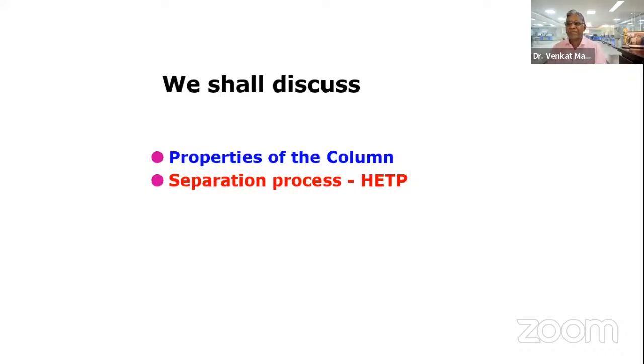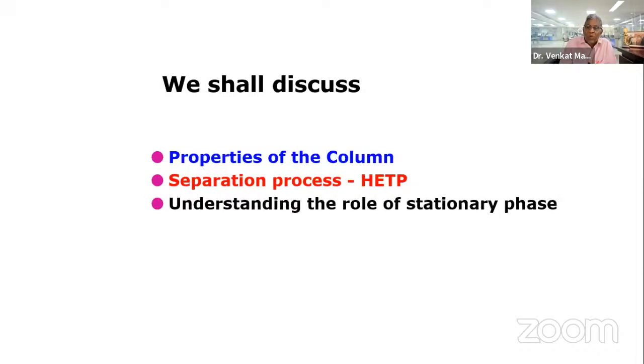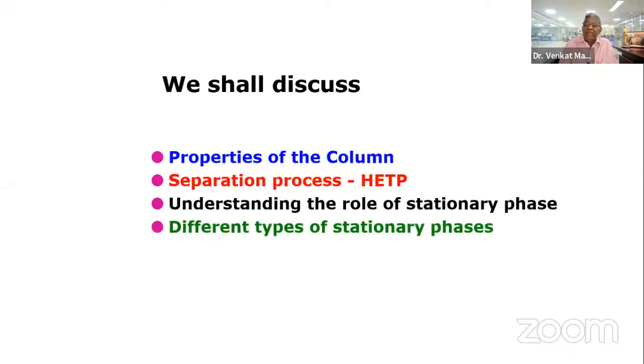What is that concept? We'll explain. We'll try to understand it. If you know, we refresh ourselves. What is the role of the stationary phase? We'll try to understand that. What kind of different stationary phases are available? Now, people talk about this very quickly, quite often. This is very popular nowadays for separation. I will briefly talk about the core shell column also.